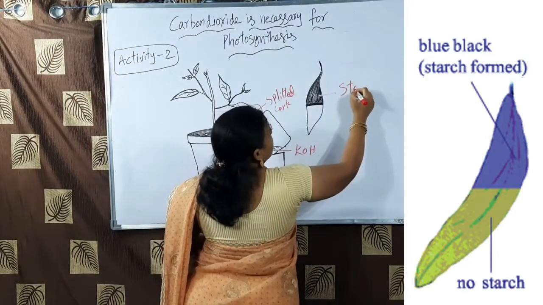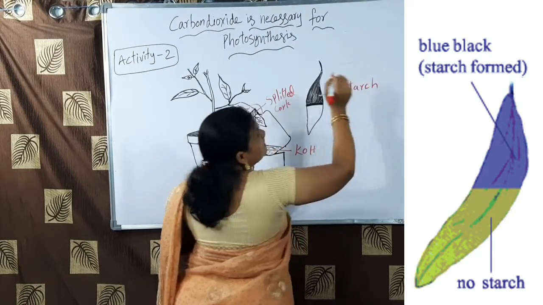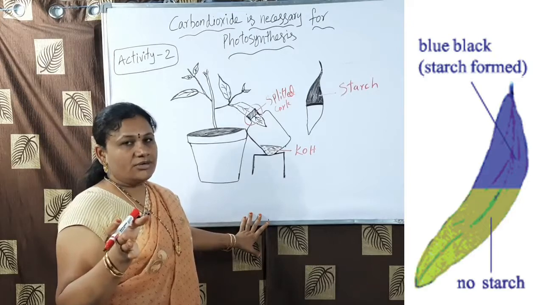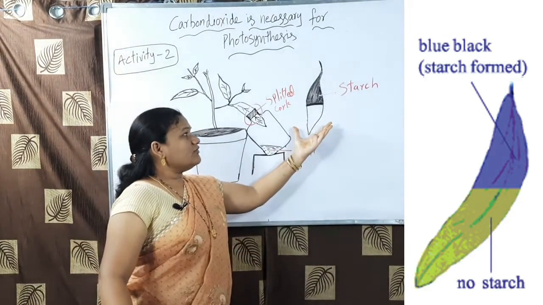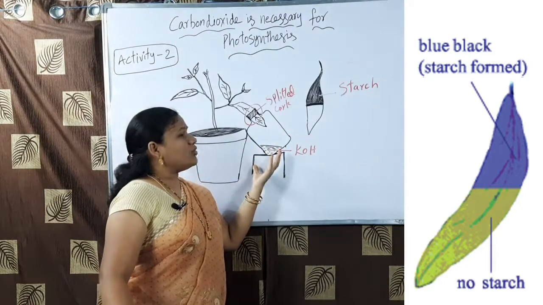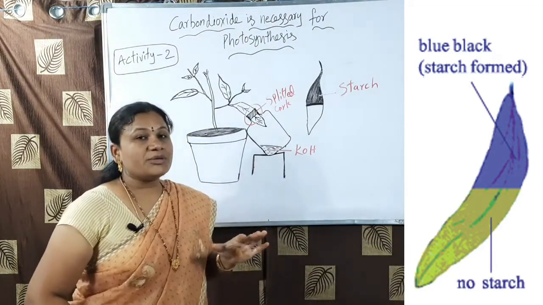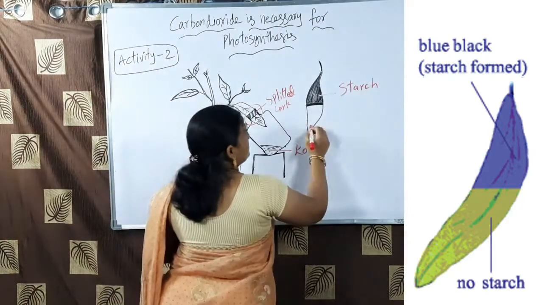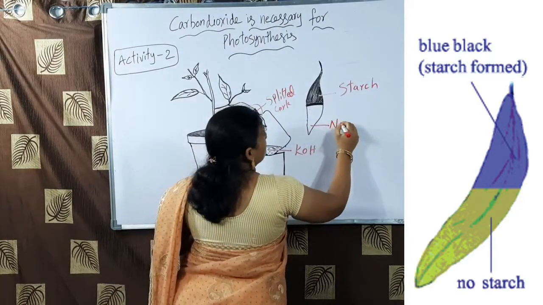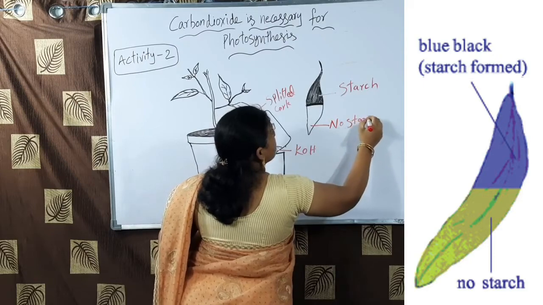As we discussed, if the leaf turns blue black, it shows the presence of starch. The part of the leaf inside the bottle remains the same, with no blue black color. So by this we can say that there is no formation of starch.